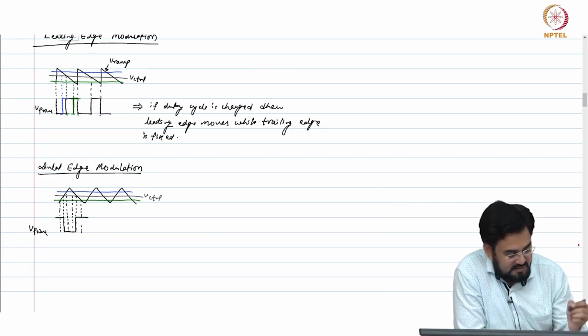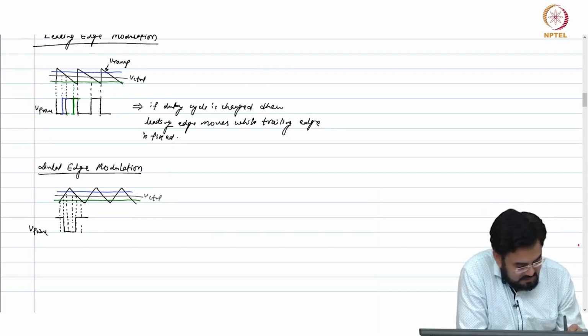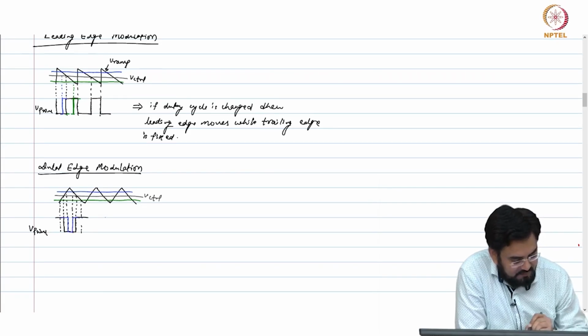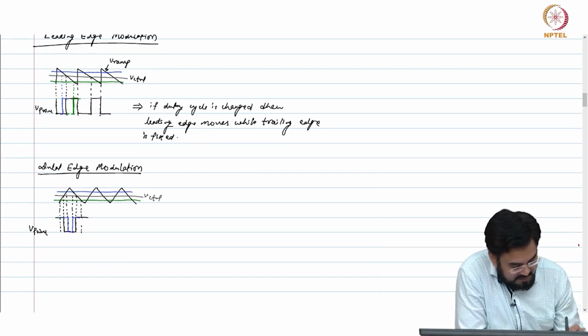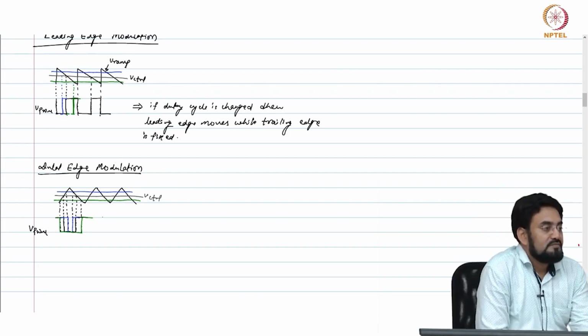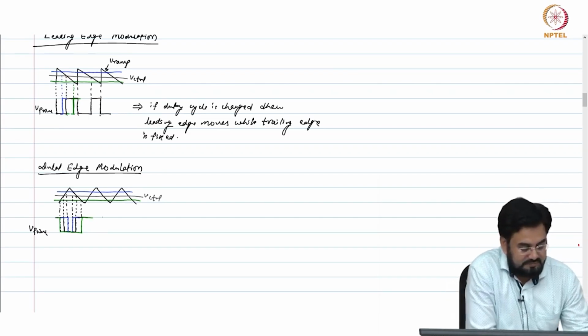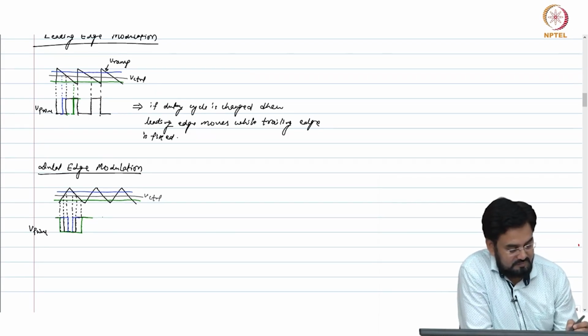In another case, it will remain high until here and go low. And the third case will be the maximum duty cycle, that's why off time is reduced.